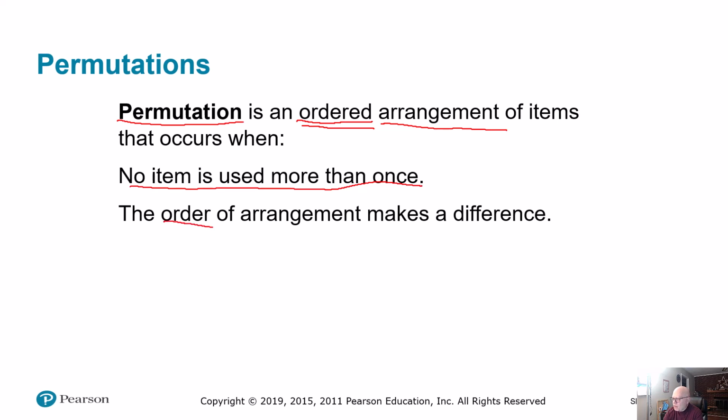The order of arrangement makes a difference. Order. Permutations: order matters. All right? Now that's going to be different from combination. In combinations, order does not matter. But we're talking about permutations where order matters.